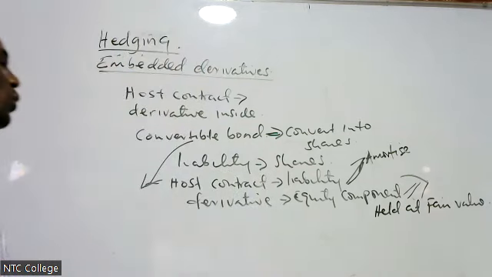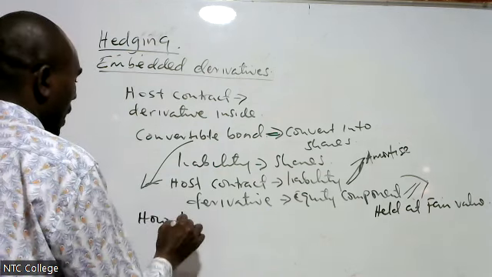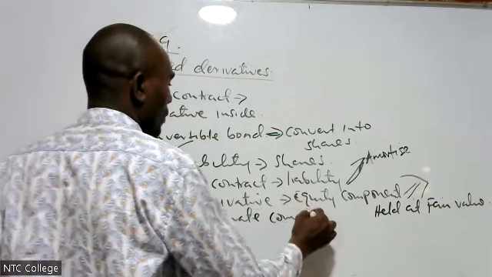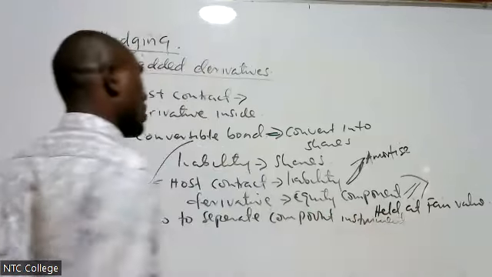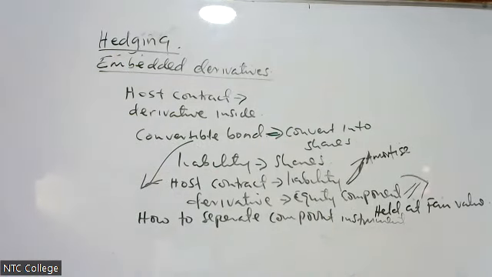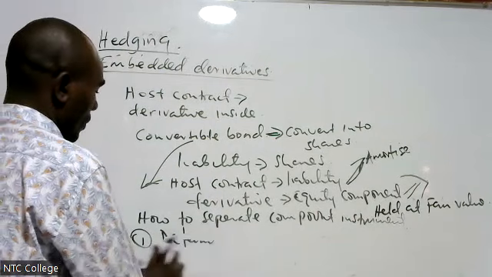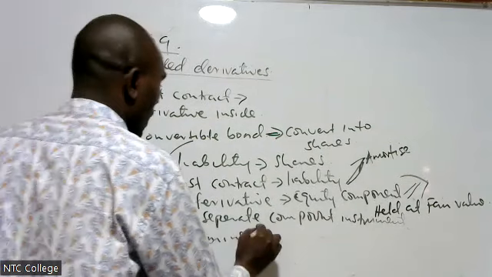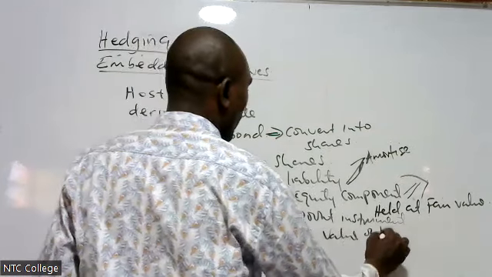Now, how do you separate these two items? How to separate a compound instrument. Number one, determine the fair value of the instrument.